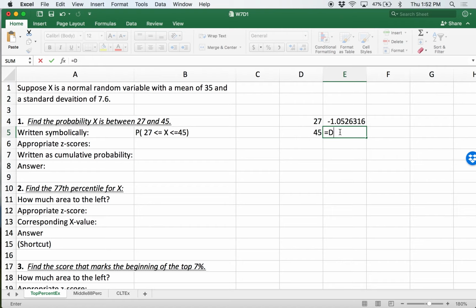Then we do the same thing on the other side. Remember that putting the difference between your measurement and the mean inside parentheses is very important. The equivalent z-scores would be negative 1.05 less than or equal to z less than or equal to 1.32, since we'll round up.